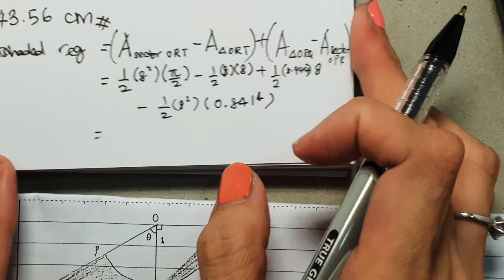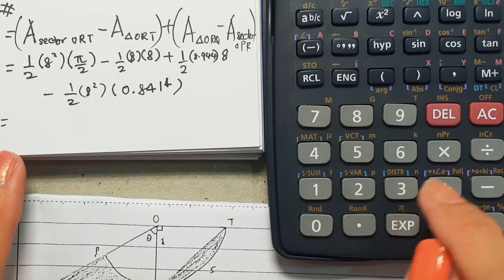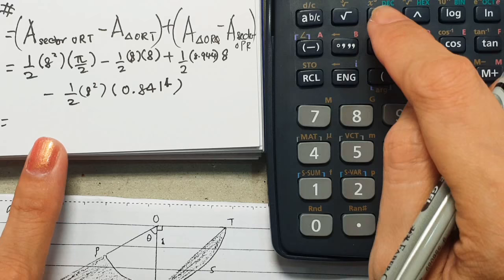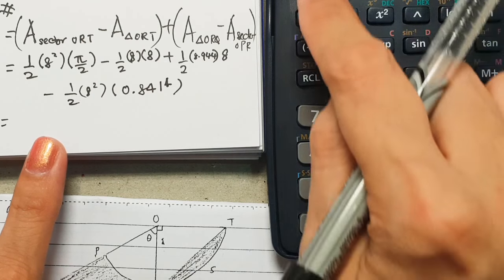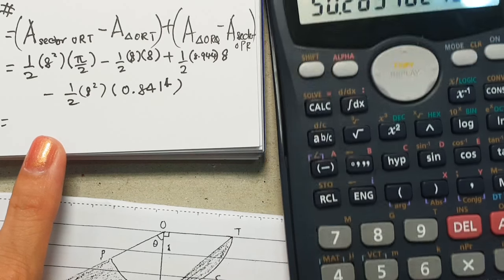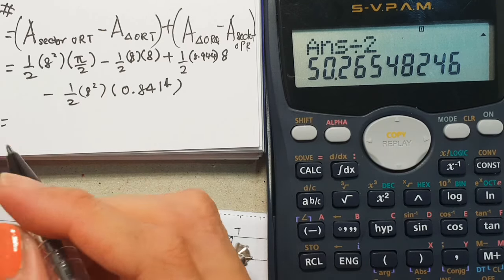Okay, let's calculate using our calculator. So we have 8 squared times pi over 2, and then divided by 2. We get 50.27.